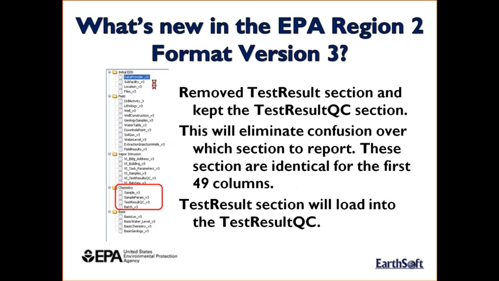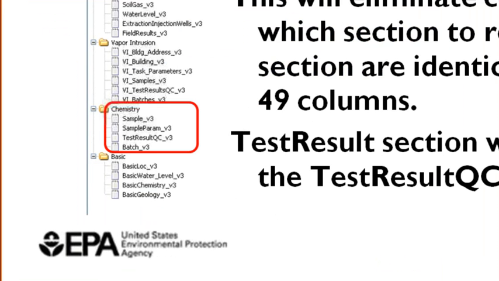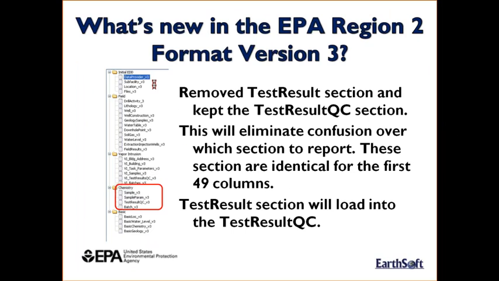Okay, the chemistry group. This was formerly the lab group, but the chemistry group now contains the sample parameter, test result QC, and batch. We removed the section that says just test result, because it was causing confusion. People weren't sure which section they should be reporting.